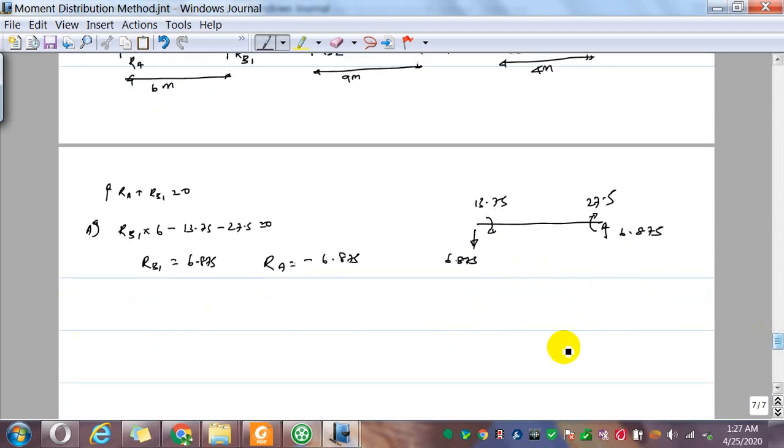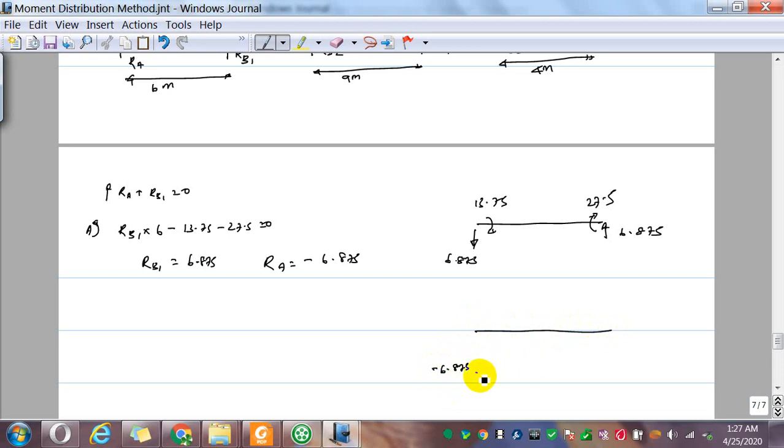So if I plot the bending moment diagram or shear force diagram, I have 6.875, so that is downward. Okay, so minus 6.875.